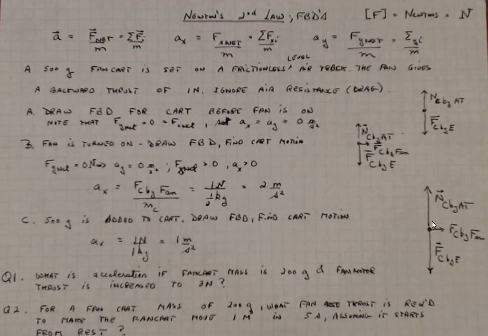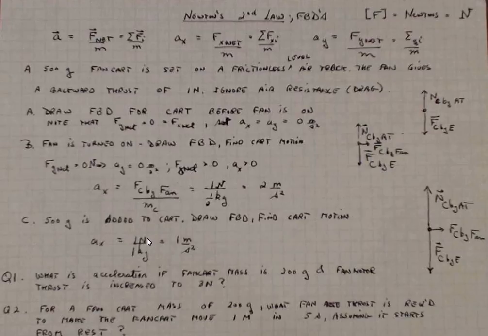We still have a net force of 1 Newton acting in the x direction. The free body diagram over here shows that we now have a larger weight of the fan cart, in fact double what it was before. The normal force of the air track is now double, and we have the same 1 Newton of thrust.